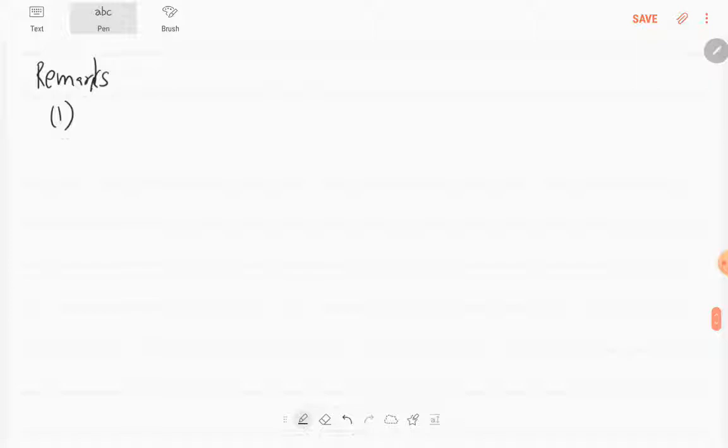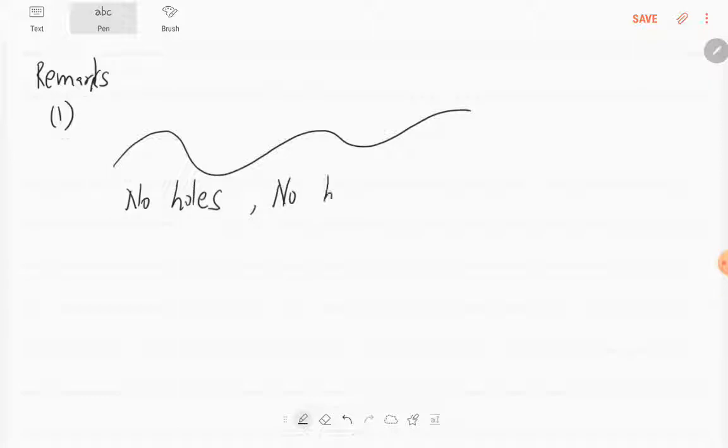First one, roughly speaking, what is a continuous function? If you draw the graph of a continuous function, you can draw the graph without lifting your pen. So this is a continuous function, right? If you draw the graph continuously, that means there are no holes, no breaks.